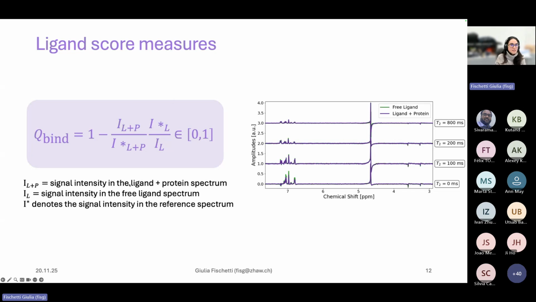And again, this quantity is also defined between 0 and 1, with 0 for no interaction and 1 for perfect interaction.